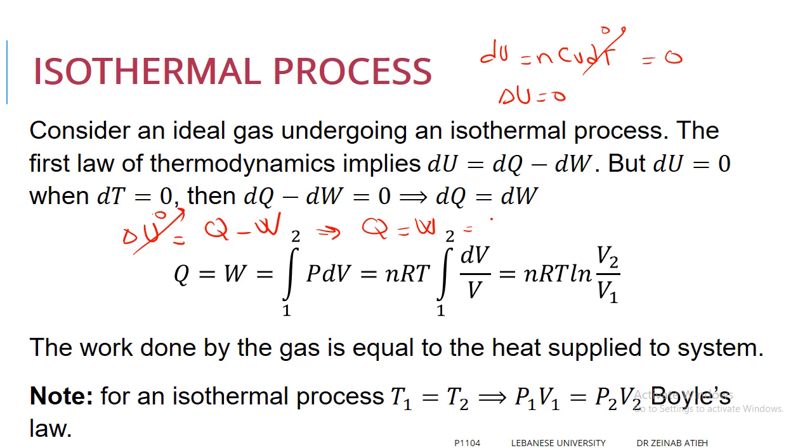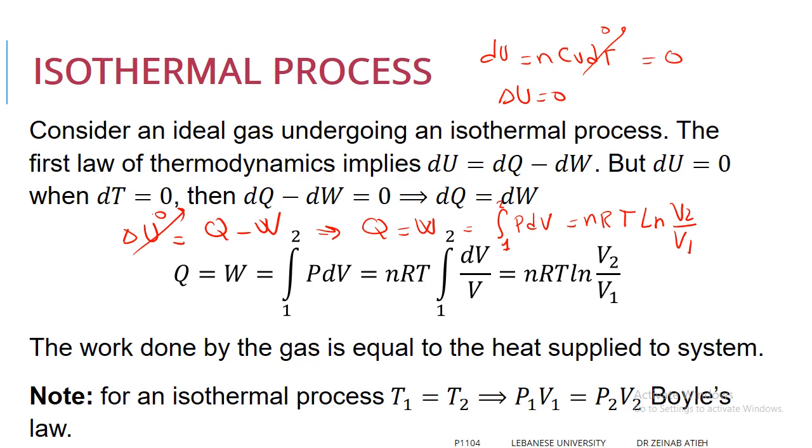The work done by the gas has already been derived earlier, so it's the integral of PdV from 1 to 2, which is equal to nRT ln V2 over V1. So this is in the case of an isothermal process. You can see that the work done by the gas is equal to the heat supplied to the gas. So Q is equal to W in this case.